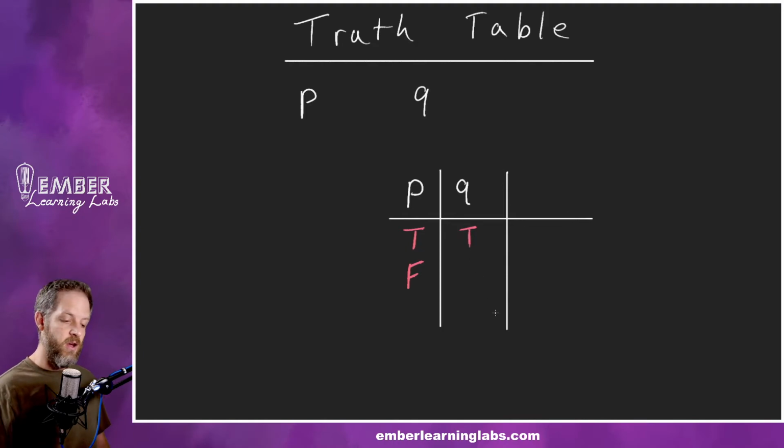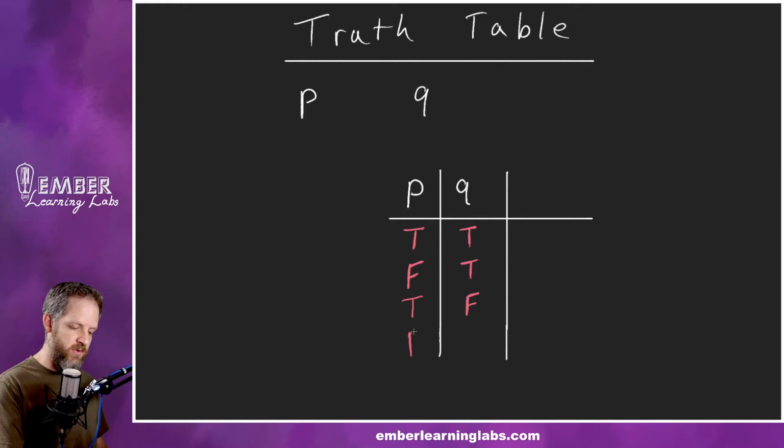We could have P be false but Q be true. We could also have P be true while Q is false. And then finally, one more option: we could have both P and Q be false.